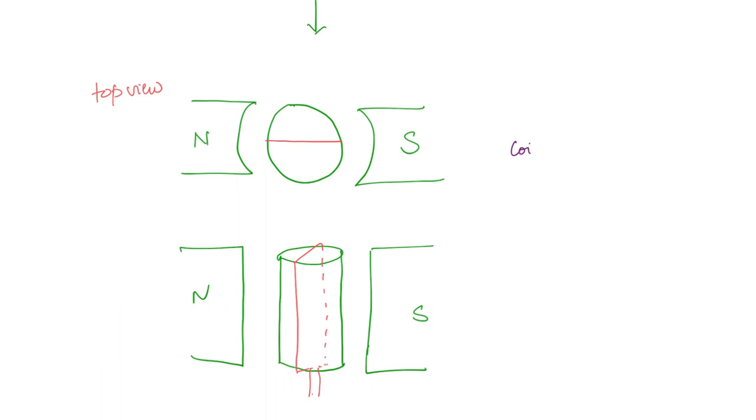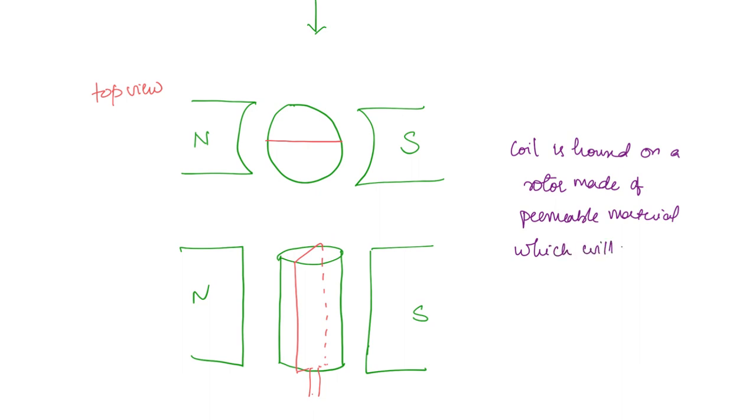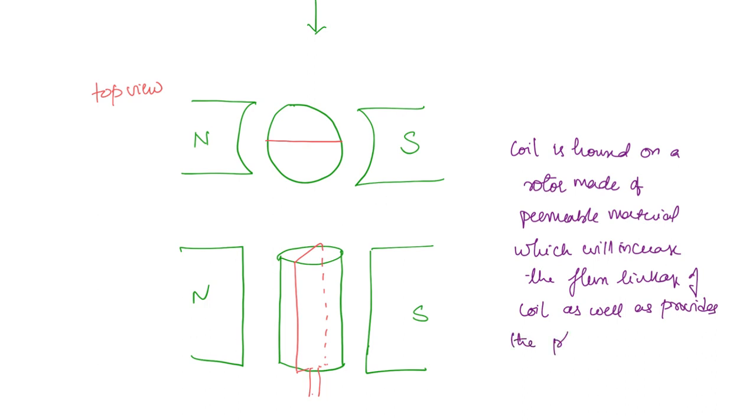So you can write this point here. Coil is housed on a rotor made of a permeable material, which will increase the flux linkage of the coil as well as provide the platform to house the coil.